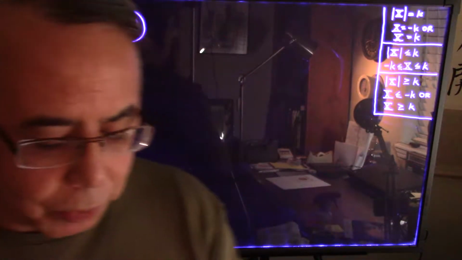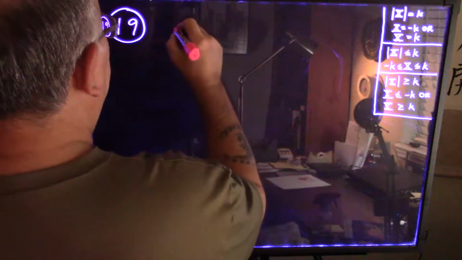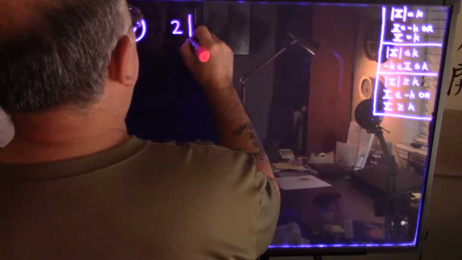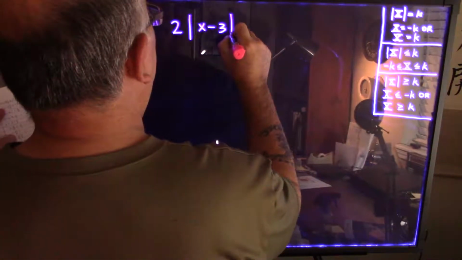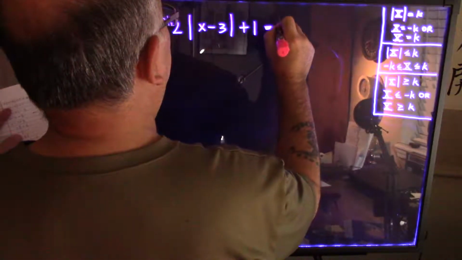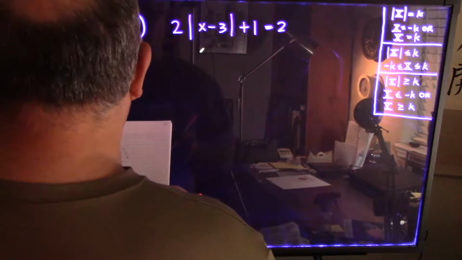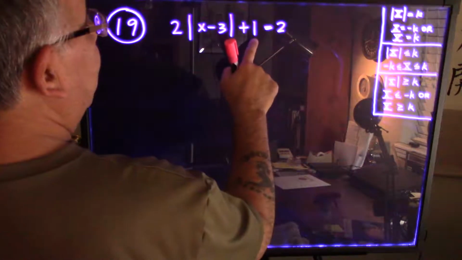Number 19. 2 times the absolute value of x minus 3 plus 1 equals 2. Alright, so subtract 1 from both sides.